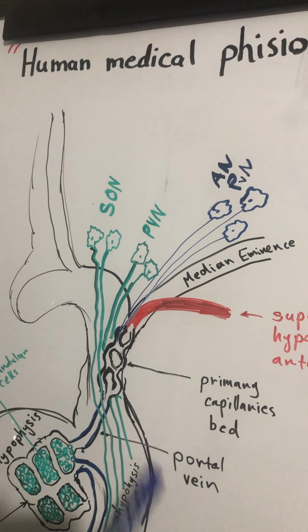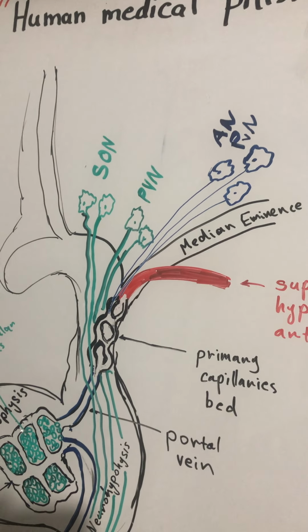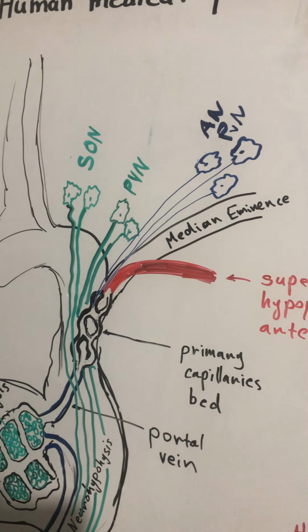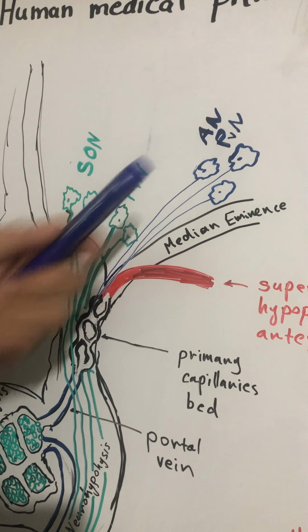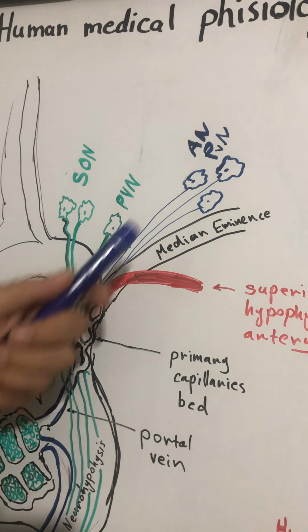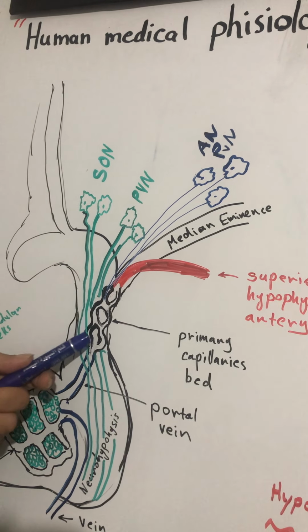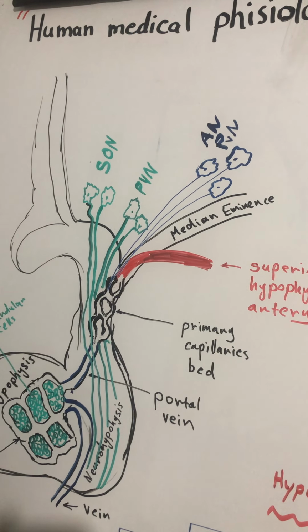The first group of neurons, called hormone secretory neurons, are found in the arcuate nucleus and the periventricular nucleus of the hypothalamus. These are small cells that release hormones into the median eminence, where numerous capillaries are found.